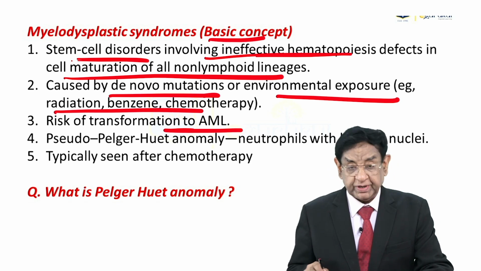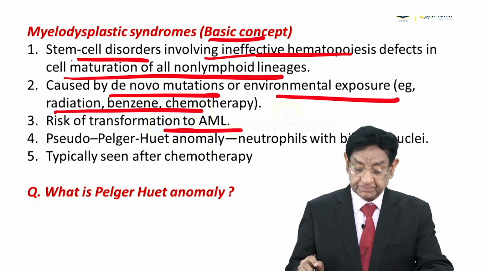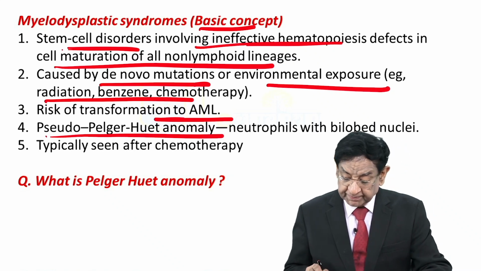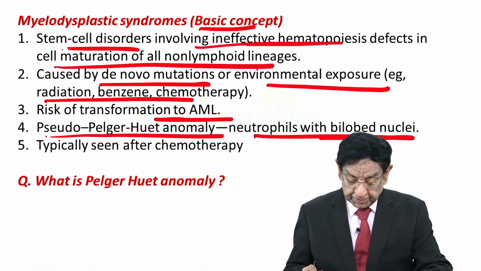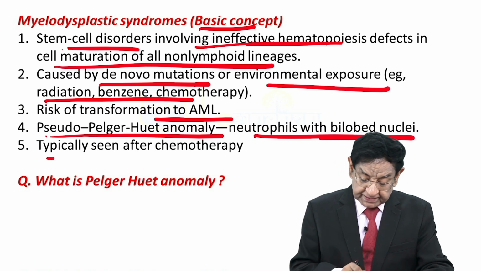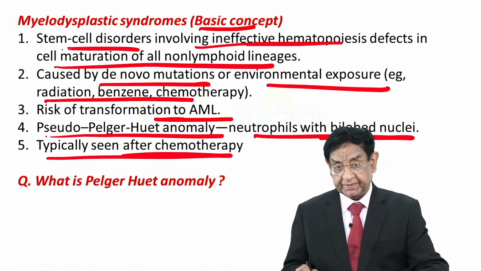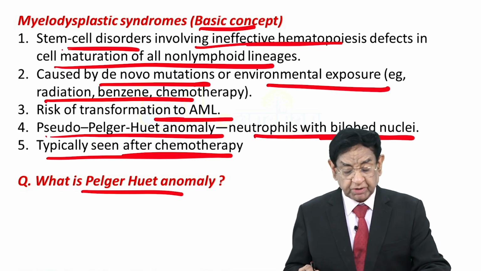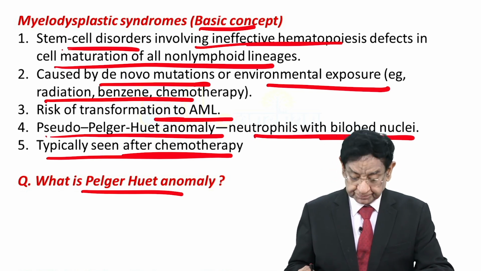They can progress to AML, which is a risk. Classically, we get pseudo-Pelger-Huet anomaly, neutrophils with bilobed nuclei, typically seen after chemotherapy. Well, what is Pelger-Huet anomaly? Stop the video, write down the answer.